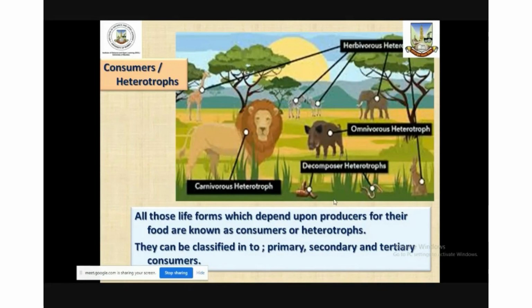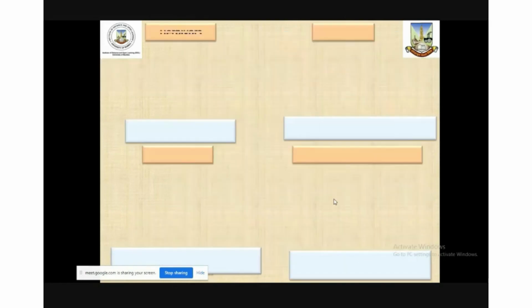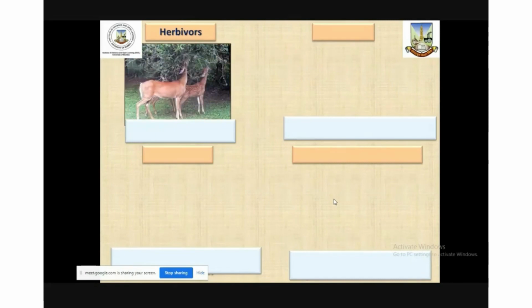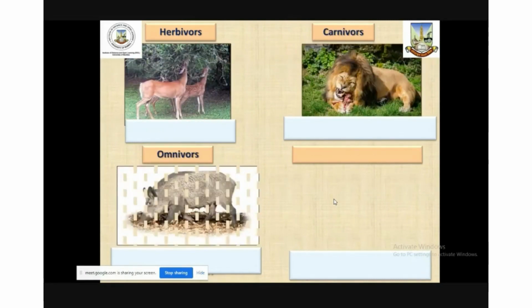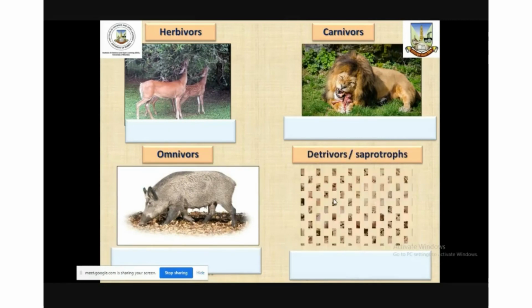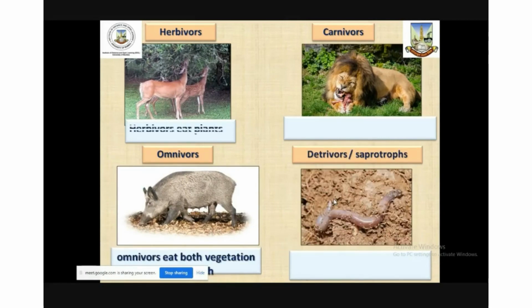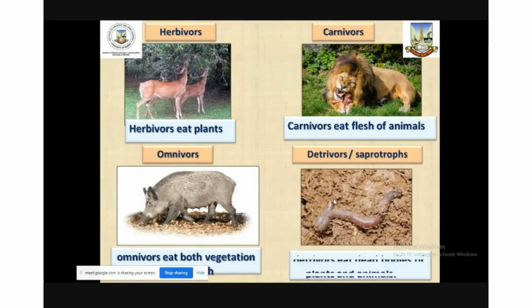And decomposers are the microscopic organisms which decompose the dead bodies of animals and plants. So herbivores are all grass eating, or the organisms which depend upon the plants to eat. Carnivores eat the flesh of animals. Omnivores eat both natural vegetation and animals or flesh of animals.